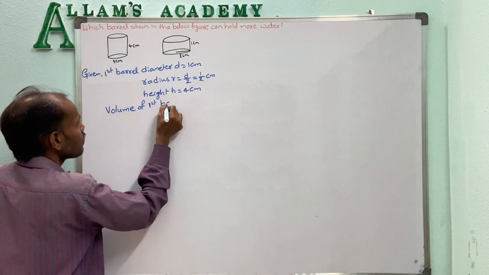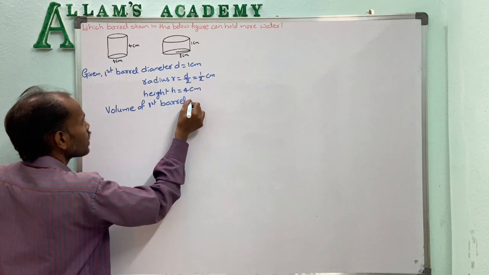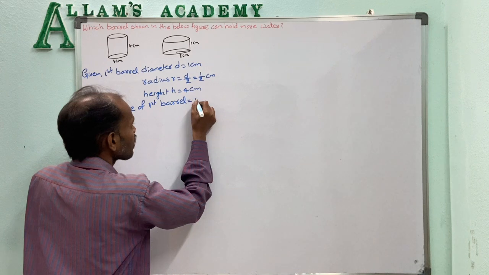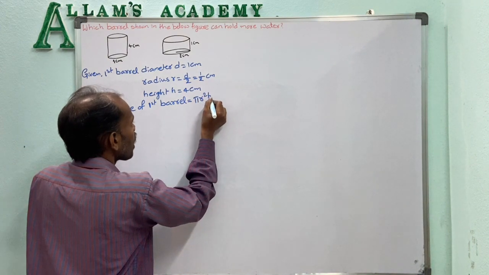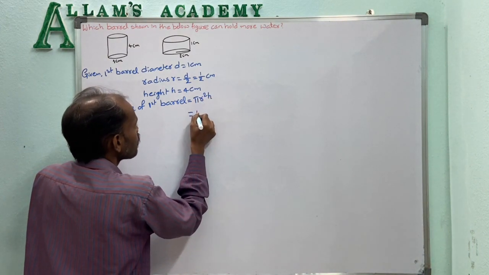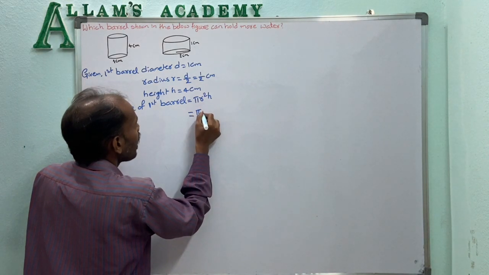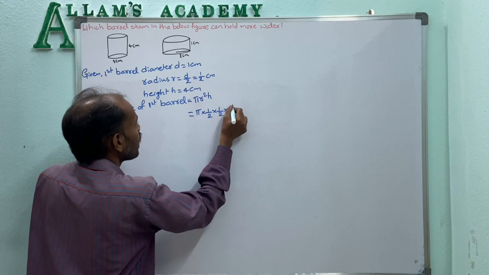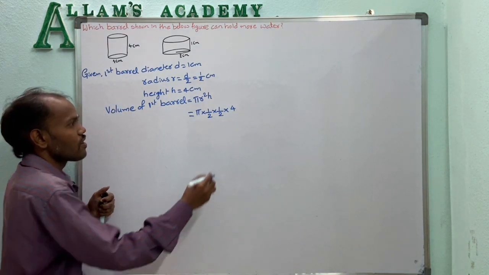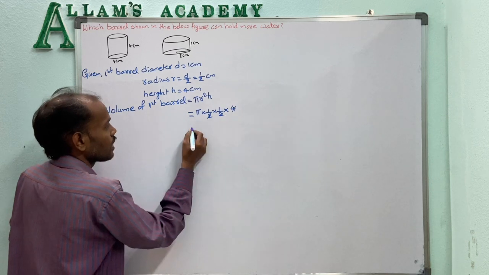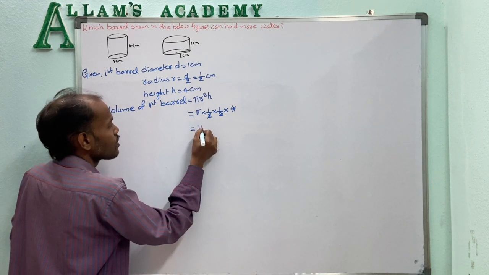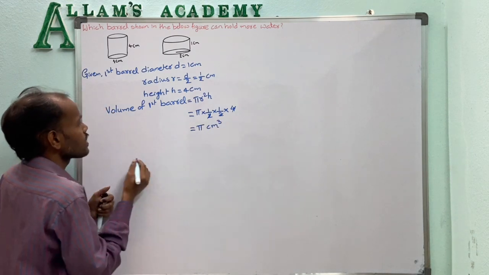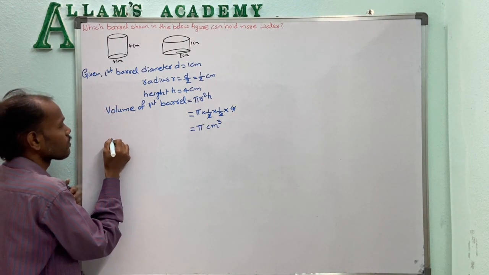It is in cylindrical shape, so the cylinder volume formula is pi r square h. So pi into the r value 1 by 2 into 1 by 2 into the h value 4. So 2 twos are 4, that means it will be cancelled. So the volume of the first barrel is pi centimeter cube.